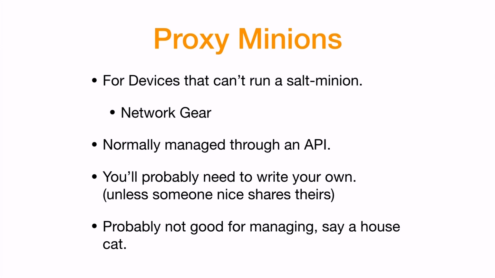Let's just say the truck that runs everything is all there. You just need to write all the good stuff that it'll actually do. It was actually funny, in the proxy-minion documentation, it says you probably can't manage a house cat with a proxy-minion, but it would make a good thesis paper.